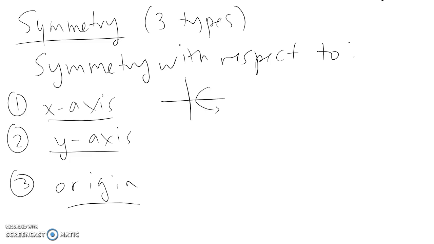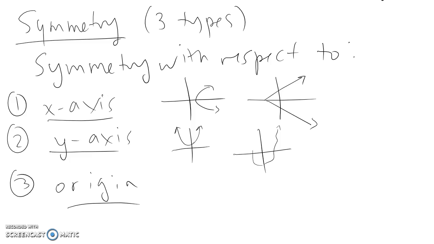I'm just going to draw a couple of rough graphs here to show what I mean. About the x-axis, you could have a graph that looks like that, or maybe something like that. A mirror image across the x-axis. Mirror images across the y-axis, a parabola like we just saw, or perhaps something a little bit more interesting. And around the origin, something like this.